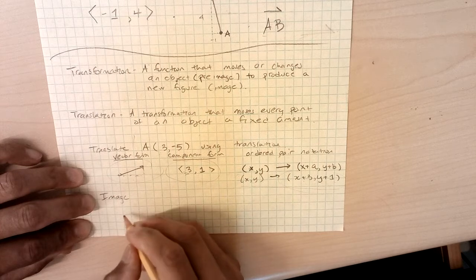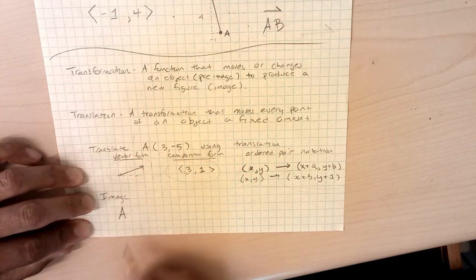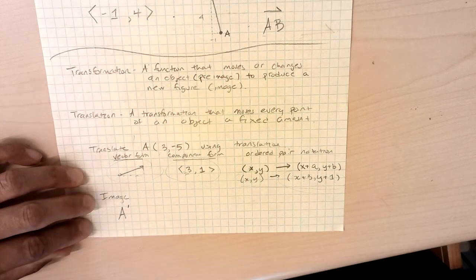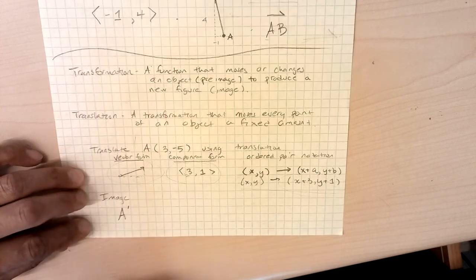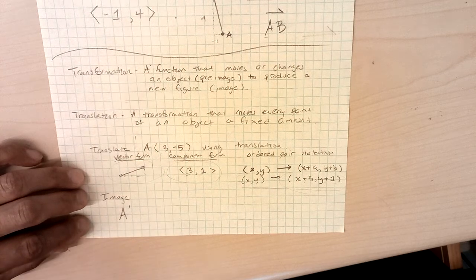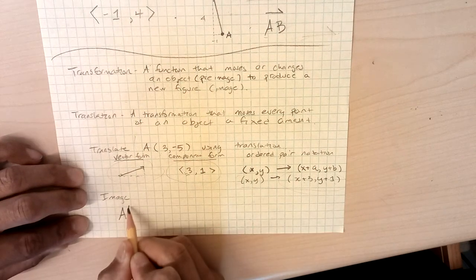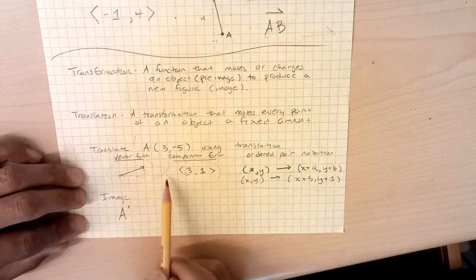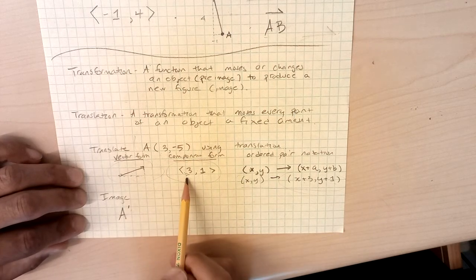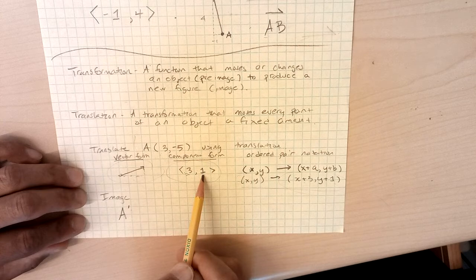To write how the coordinates of point A change from the pre-image to the image, we use what's called prime notation. It's called A prime. That's the transformed point, using this little, it's like an apostrophe, except it's not curved, just a little prime, like a little tick mark. To come up with the point A prime, 3 units to the right, 1 unit up.